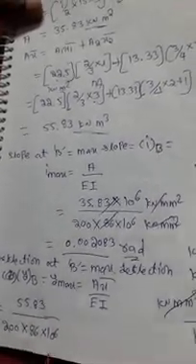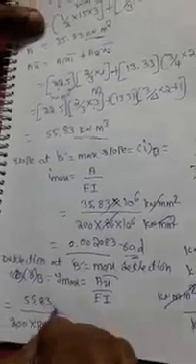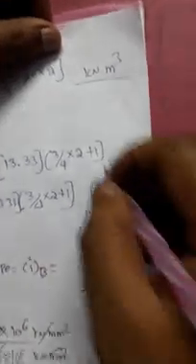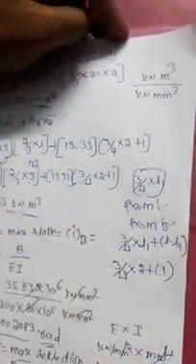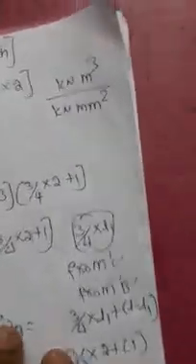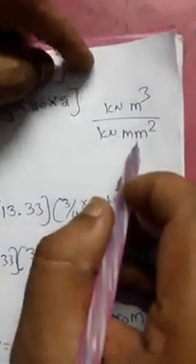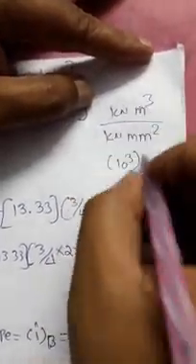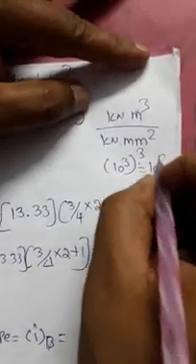Now for changing the units. The unit in the numerator is kilonewton into meter cube, but in the denominator the remaining unit is kilonewton into mm square. For changing meter cube into mm cube, you multiply with 10 to the power of 3 whole cube, which equals 10 to the power of 9.